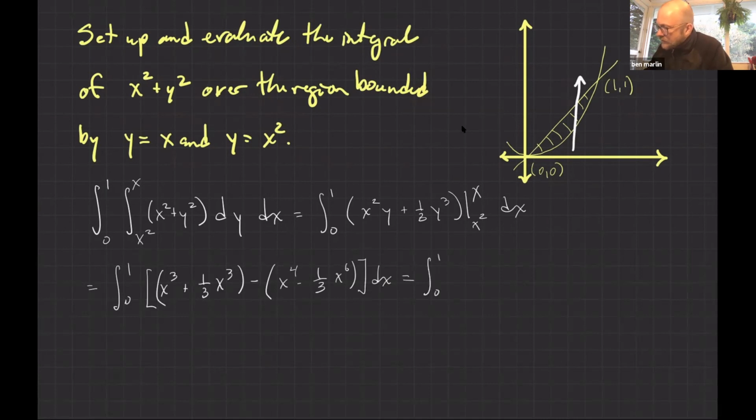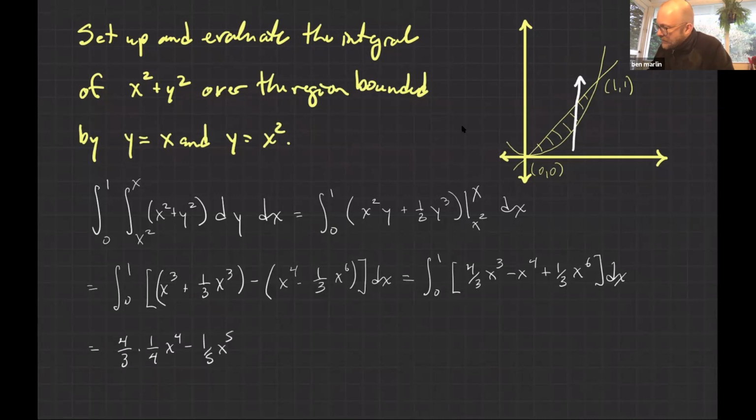So this is an integral 0 to 1, and we've got what? 4/3 x cubed there, and then minus x to the 4th, and plus 1/3 x to the 6th dx, okay? So we would have 4/3 times 1/4 x to the 4th minus 1/5 x to the 5th, and plus 1/3 times 1/7 x to the 7th. We're going from 0 to 1.